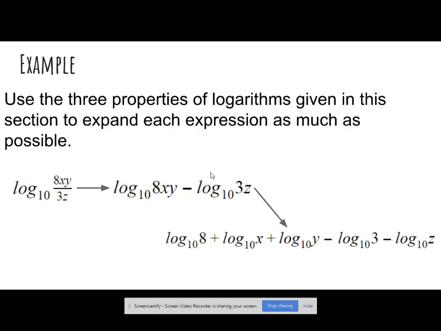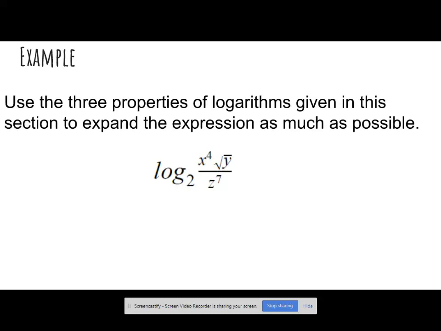And so that minus sign is being distributed amongst the 3 and the z there. You could draw parentheses, I guess, if you needed to. But basically, what you need to remember is if there's more than one thing in the denominator being multiplied together, 3 times z, it's going to be minus both of them because they're both being divided. They're both in the denominator. So that would be the expanded version of this.